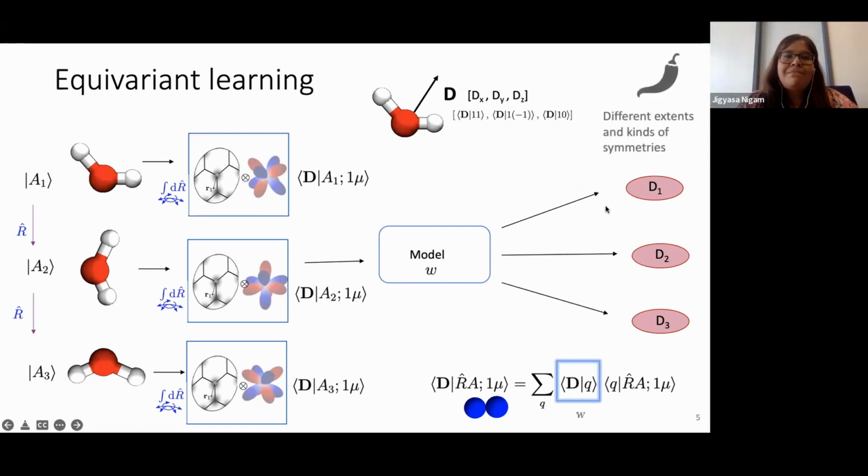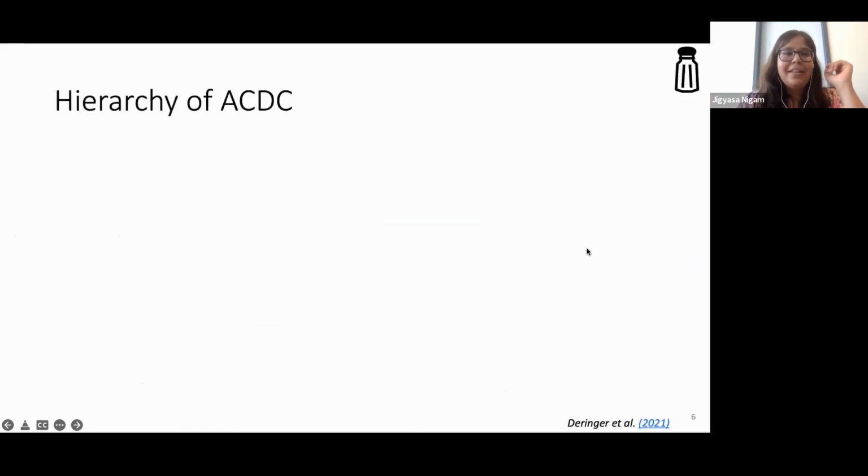So this I would like to think of or motivate in terms of adding chili to your recipe of machine learning. Some people like chili because they want to think about equivariance. Some other people don't care so much about equivariance and they don't need chili in their recipes. And you can also tailor how much chili you add into your recipe depending on your liking. And we'll see how this plays with other ingredients of machine learning.